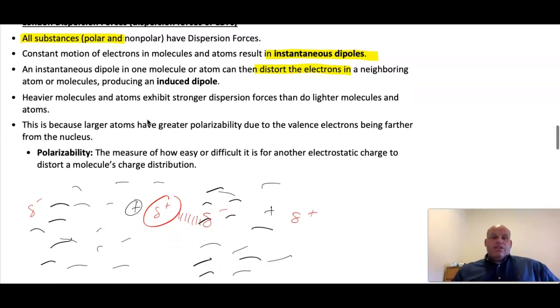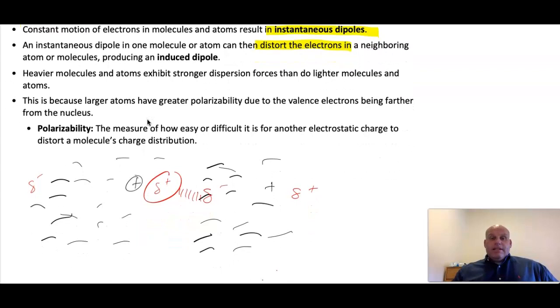But again, this is not going to last long. It's an instantaneous dipole, and it's going to kind of reestablish and go away. So for that reason, London dispersion forces, or LDFs, or sometimes just dispersion forces, are the weakest of the three forces. Okay, they are the weakest.